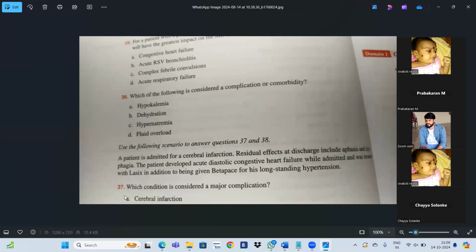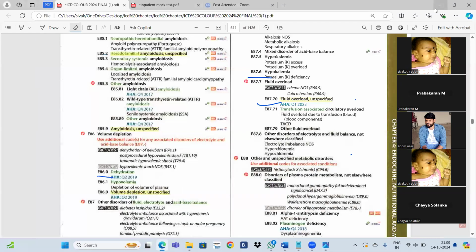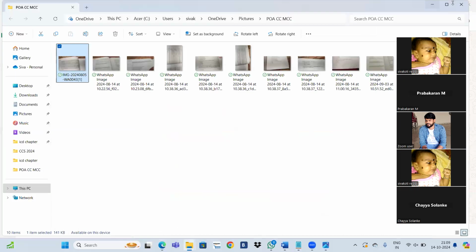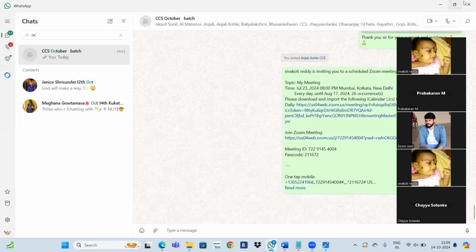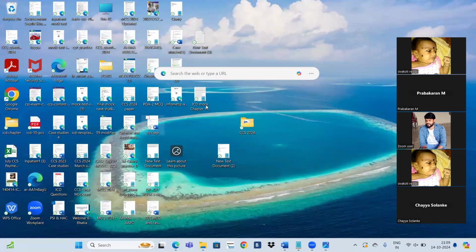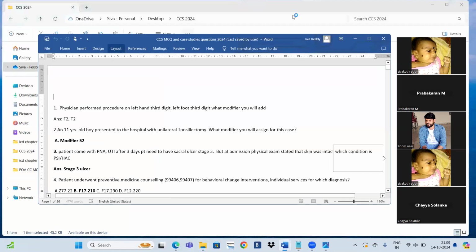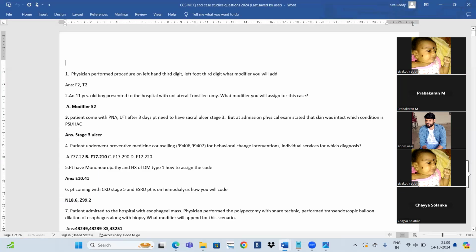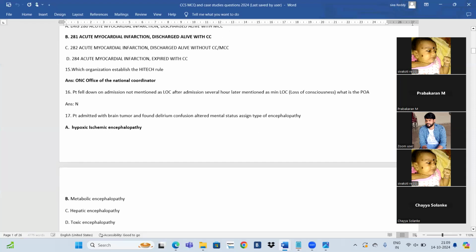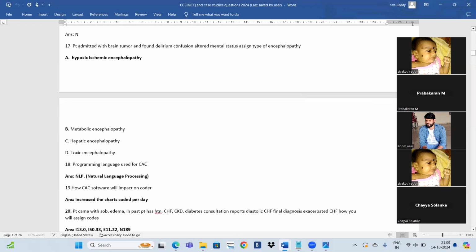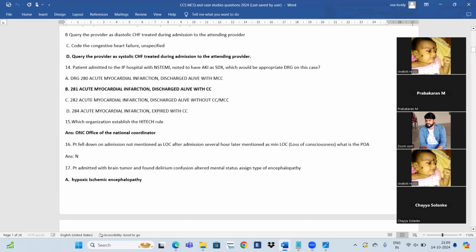So clear, right? Any doubt in this concept, you will get it as multiple choice questions. How we get them, I will show. The 14th question, tell me.